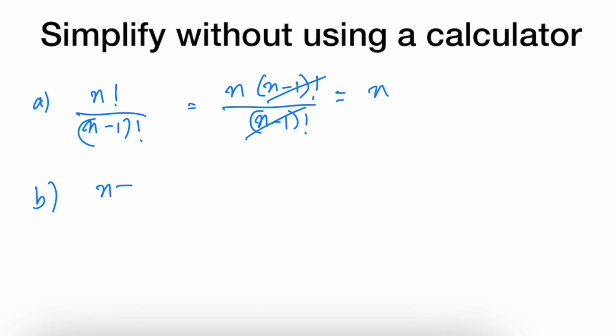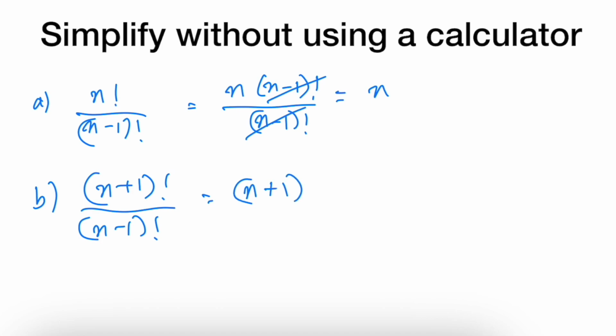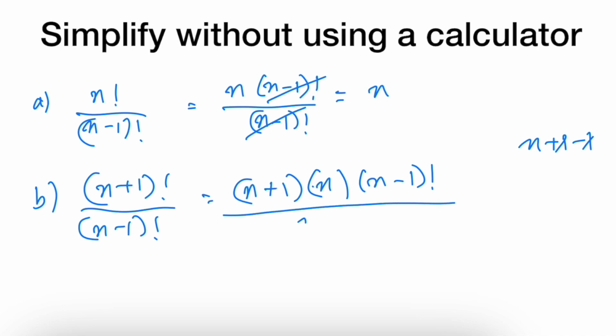Similarly, what is n plus 1 factorial divided by n minus 1 factorial? n plus 1 factorial is equal to n plus 1 into n factorial, which is n plus 1 into n into n minus 1 factorial, right? This entire thing divided by n minus 1 factorial. This will cancel out and you're left with n plus 1 into n. So if you expand it, you get n square plus n.